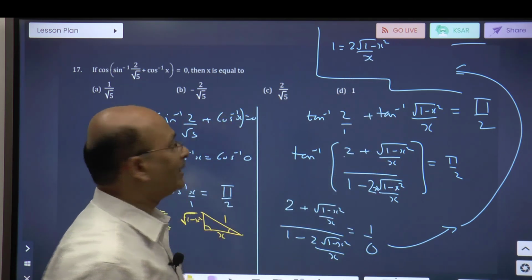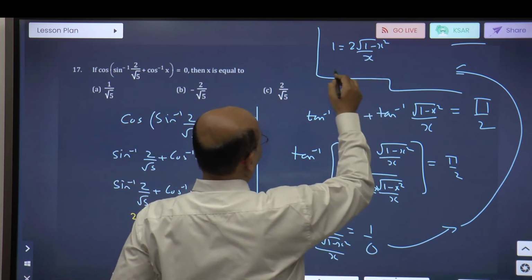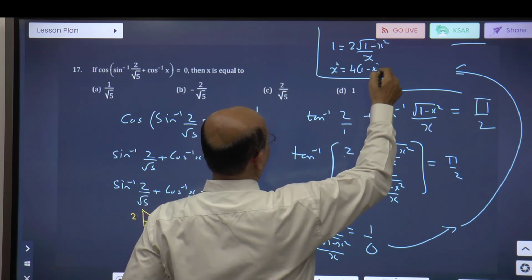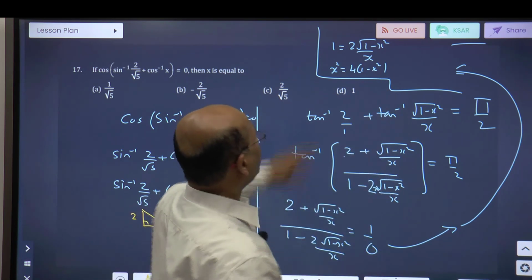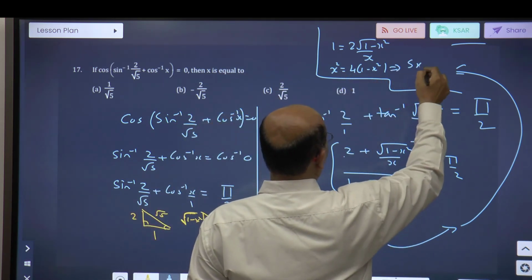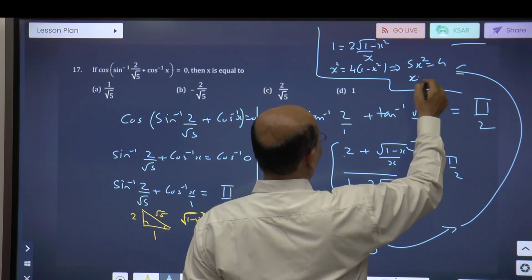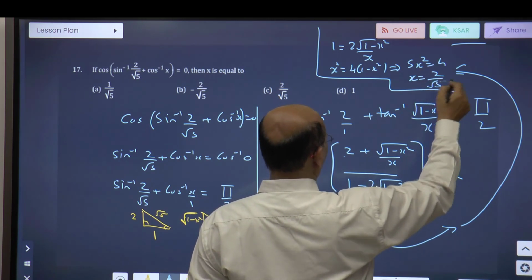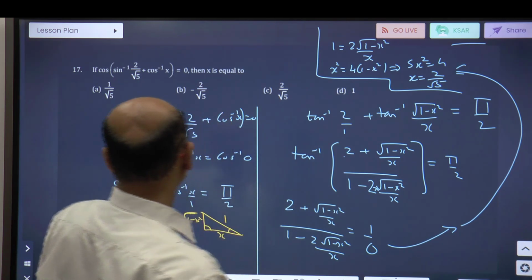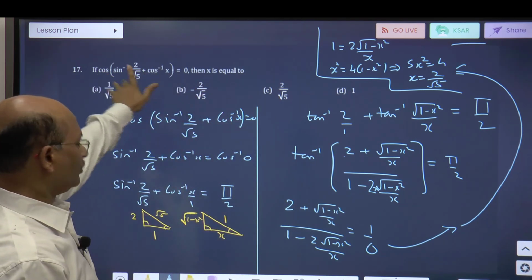I think now I am getting it. So what will happen if I square both the sides? It will be x square is equal to 4 times 1 minus x square, right? So minus 4x square plus x square, which will give you 5x square equal to 4. So x equals to 2 upon root 5, because it has to be positive, otherwise it will not work out.